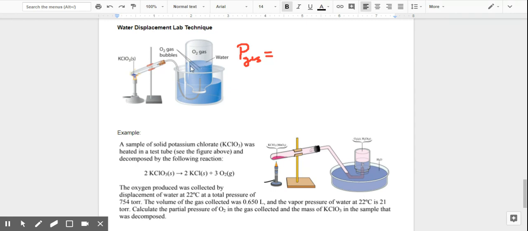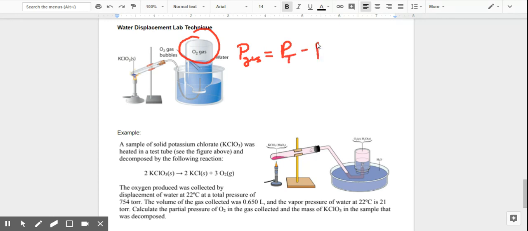Vapor pressure is defined as the pressure at the surface of a liquid. It's basically how much pressure it takes in order to convert that liquid into a gas. So if I want to find the pressure of just the gas, when I take the reading here, that will be my total pressure.